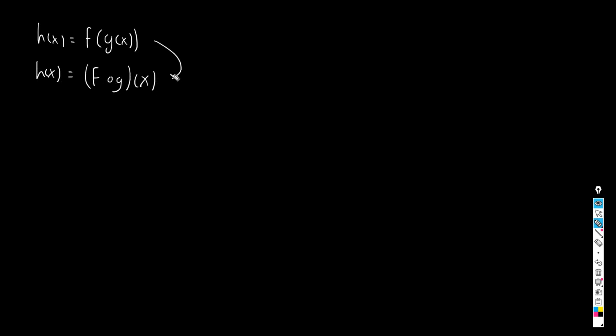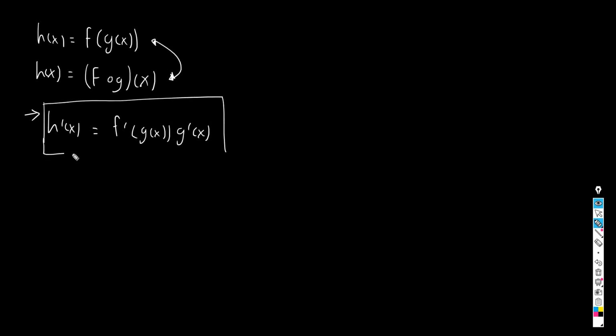This and this are the same. Then the derivative of h will be f prime evaluated in g of x times g prime of x. This is the chain rule, la regla de la cadena.